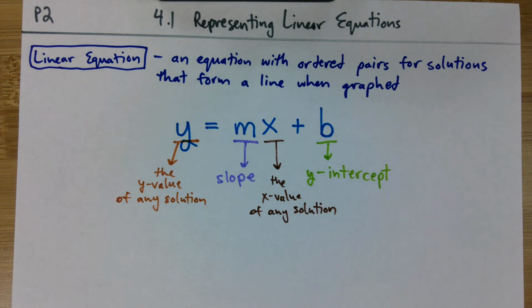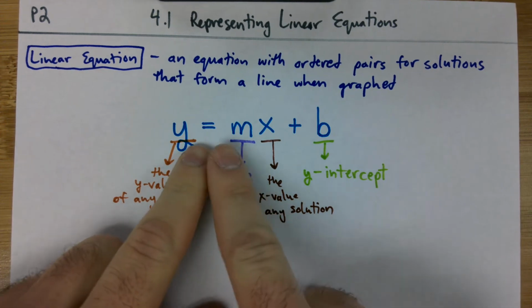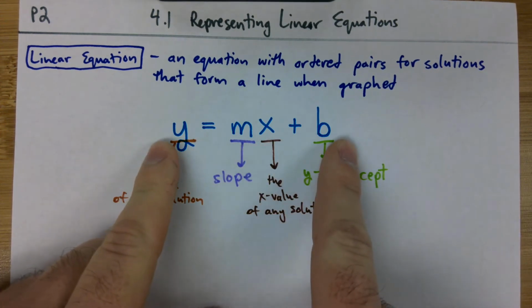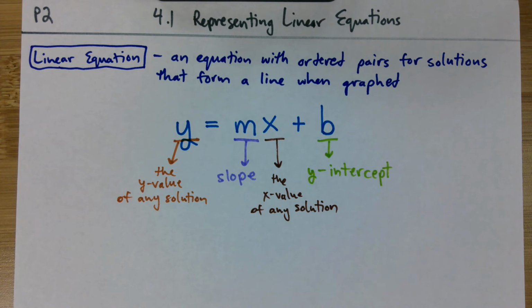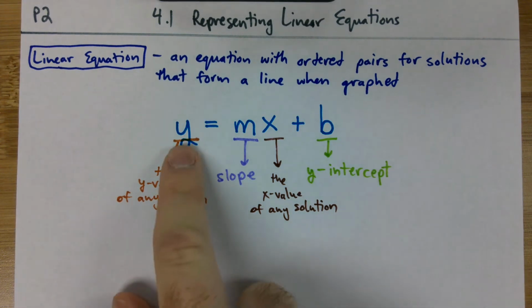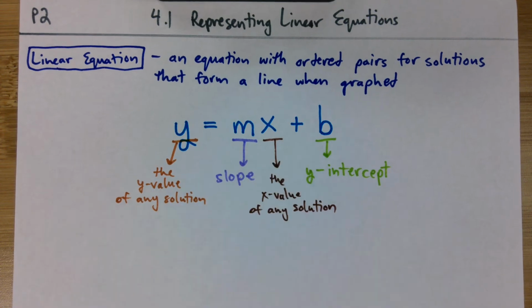They all represent a different part of our line. But when we have an equation written in this form, it's basically just the mathematical way to represent a line. So when you see something in this form, it just means it's a line, a straight line on a graph.